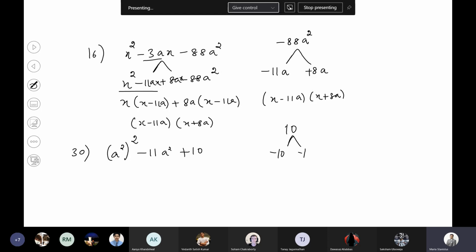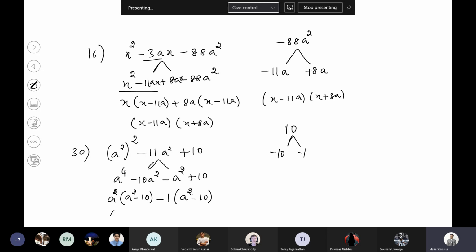Therefore, you can split this as a power 4 minus 10a square minus a square plus 10. If you split this, take a square as a common factor, so it will become a square minus 10. Similarly, minus 1 can be taken as a common factor, a square minus 10.